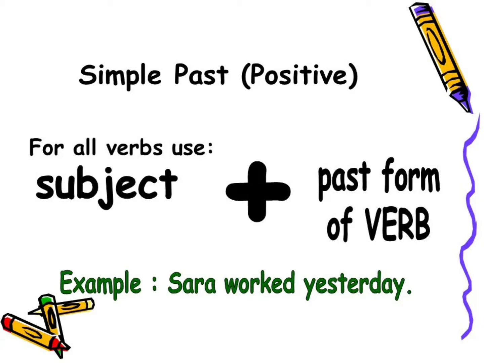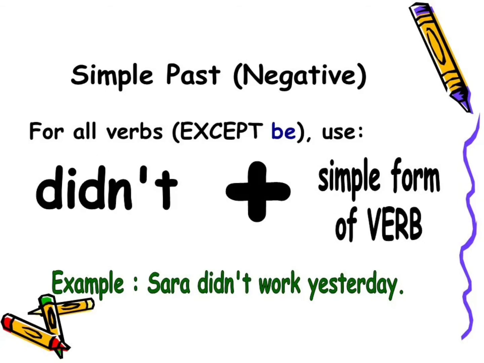Example: Sarah worked yesterday. Usually this is used with verb 1. For the negative form, for all verbs except be, use didn't plus the simple form of the verb. Example: Sarah didn't work yesterday.